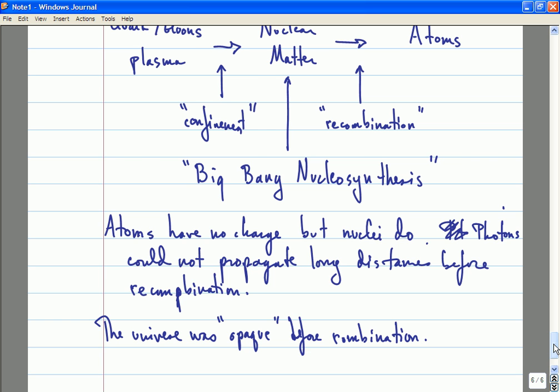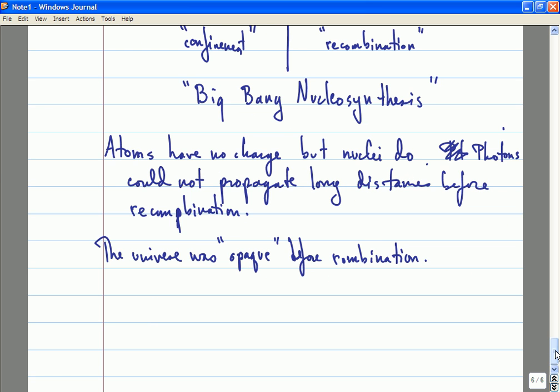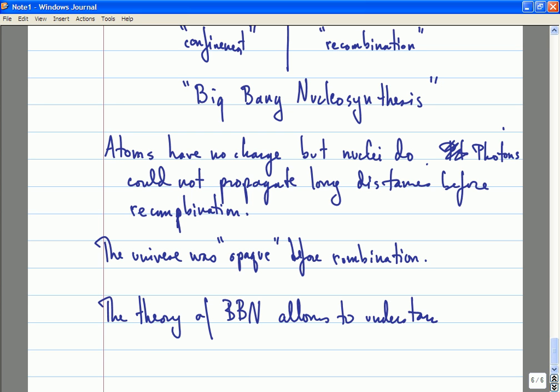So, the theory of Big Bang nucleosynthesis allows us to understand the elemental abundances, namely the amount of matter of different type, hydrogen, helium, lithium, and so forth, that were created during this soup of nuclear matter before the universe was transparent.